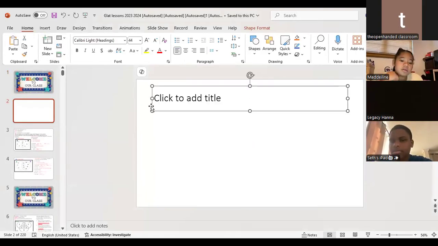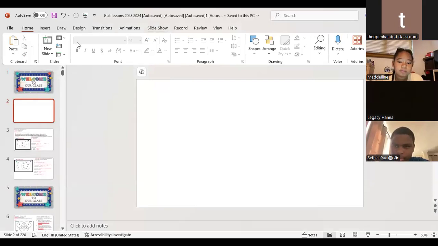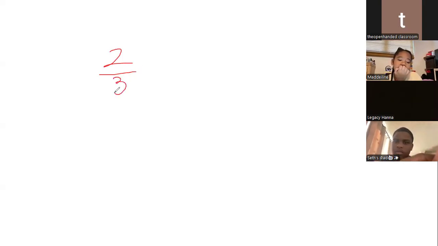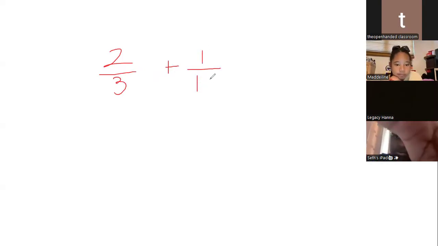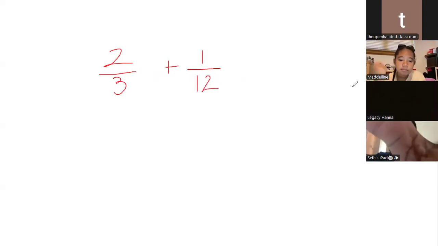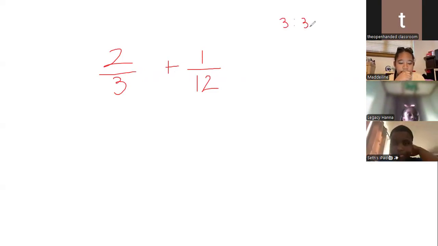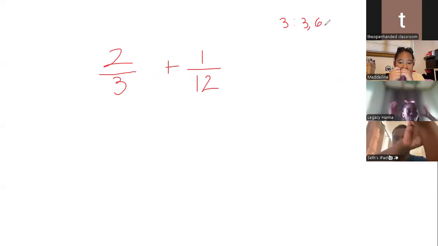2/3 plus 1/12. Okay, so remember for these ones, we have to do 2/3 plus 1/12. So you have to find the lowest common multiple of what? 3 and 12. What are multiples of 3? 3, 6, 9.